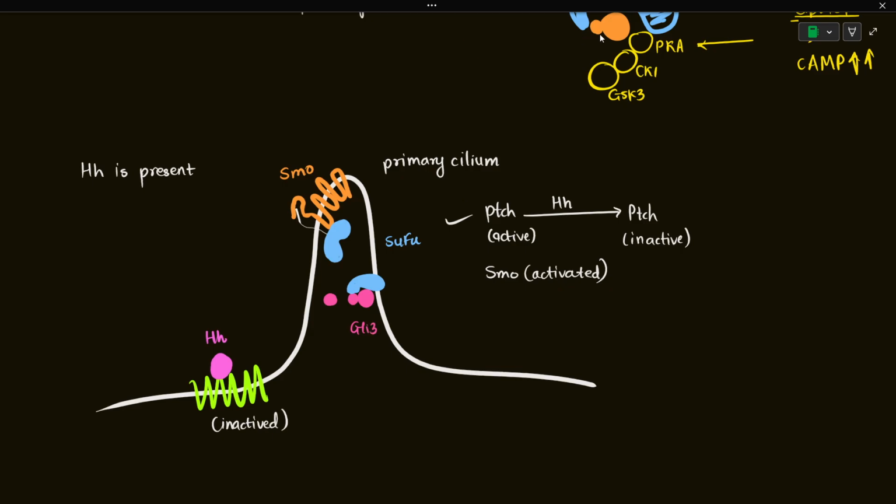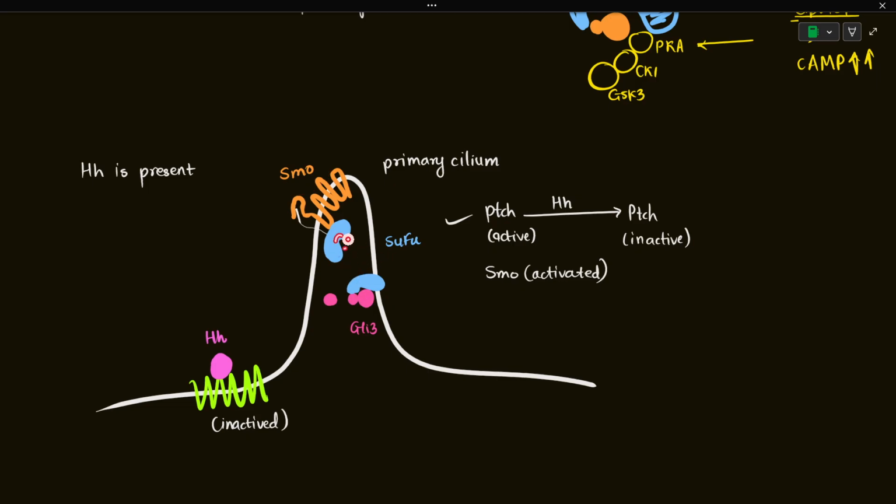Well, this is because smoothened activation is done due to the cholesterol, which is going to recruit the SUFU proteins, but it is also due to the phosphorylation of smoothened. So multiple phenomena are going to activate smoothened protein to recruit SUFU protein, which was initially bound to GLI2 protein. But the GLI3-bound SUFU protein will still stay in the bound form, so that this GLI3 protein will not get phosphorylated by PKA, CK1 and GSK3, because they are already preoccupied with the phosphorylation of smoothened protein over here.